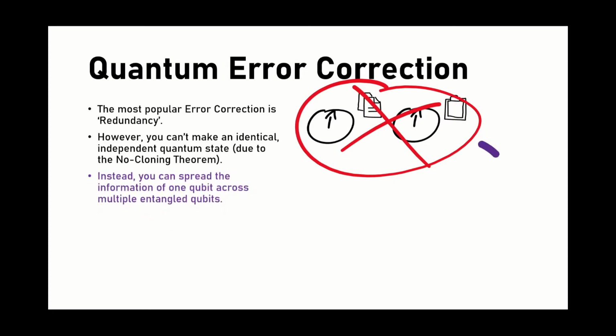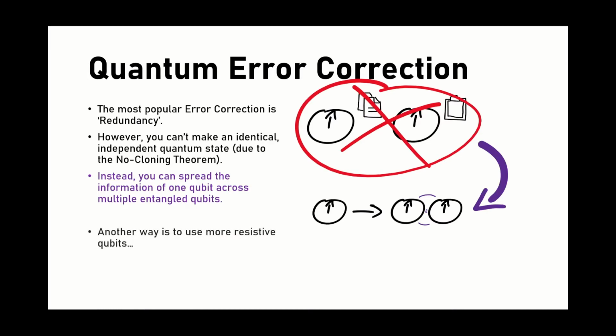Instead, we can spread out the information of one qubit across multiple entangled qubits. And this is a form of redundancy. If one of those entangled qubits changes, then the others can try and correct for it.